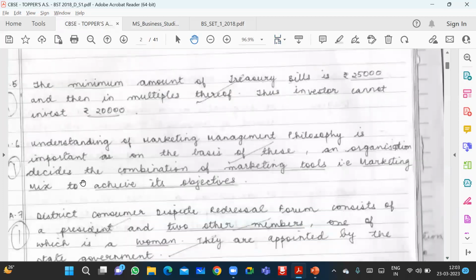Here in question number 6, the student has written a good explanation in about 3 to 4 lines, using about 6 words in a line. So 6 words in a line means about 24 or 25 words for 1 point. So 1 point should be explained in about 25 words. That word limit you should keep in mind. If your explanation is correct, you will get full marks.